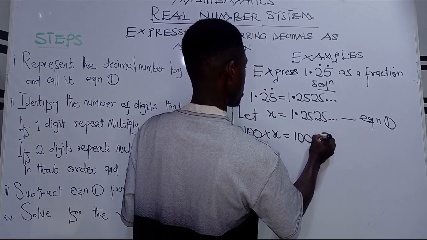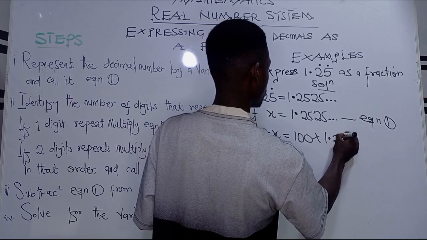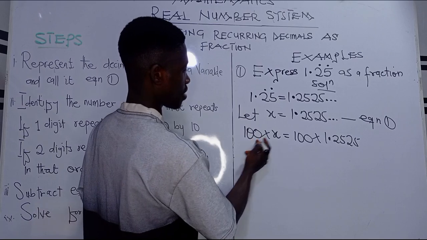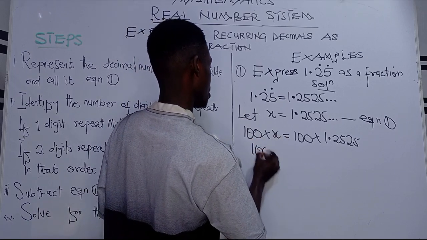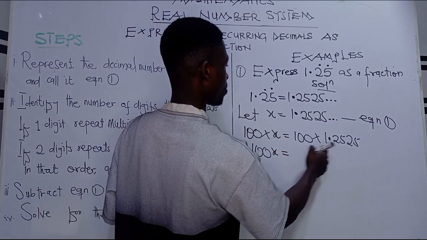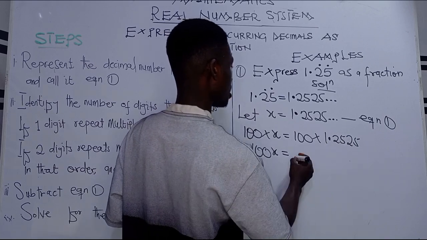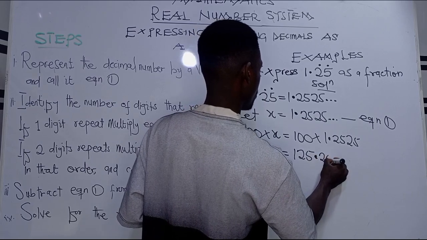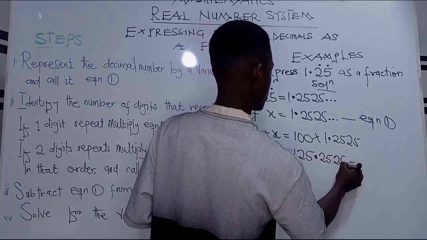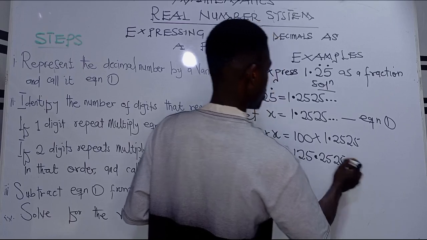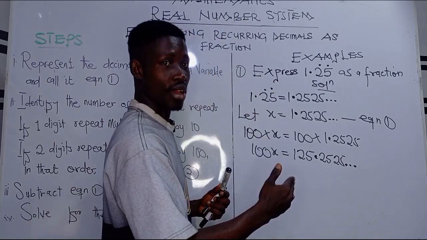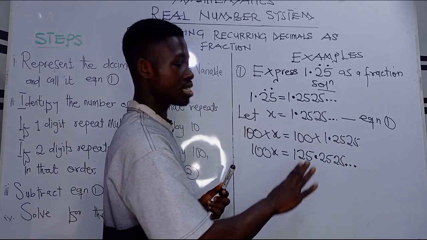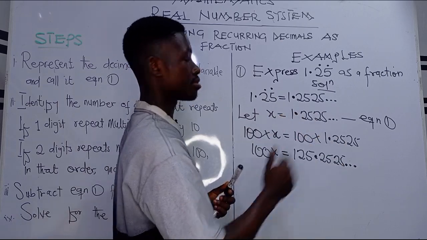Very good. So we are going to get 100 times x, then we have 100 times 1.2525. We simplify. 100 times x will give us 100x. 100 times 1.2525 will give us 125.2525. Now remember, the number 25 is recurring infinitely, so you can write as many as you want of the 25.